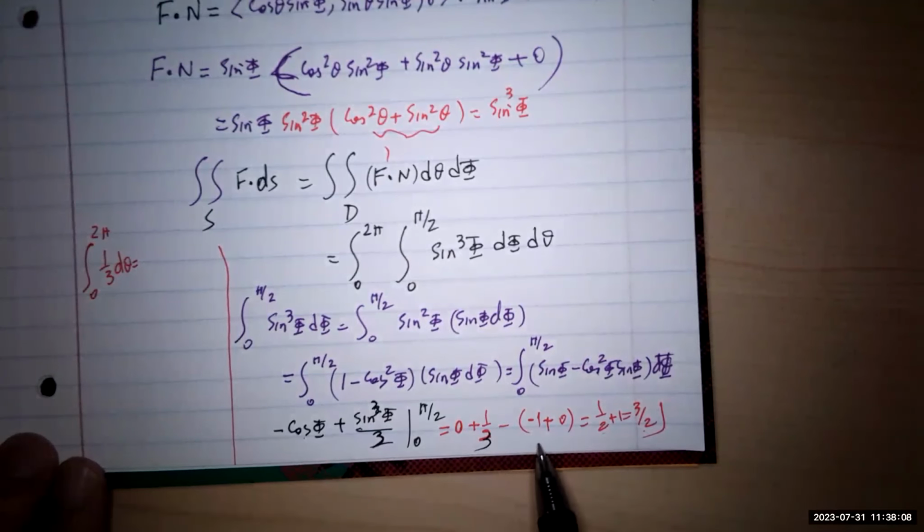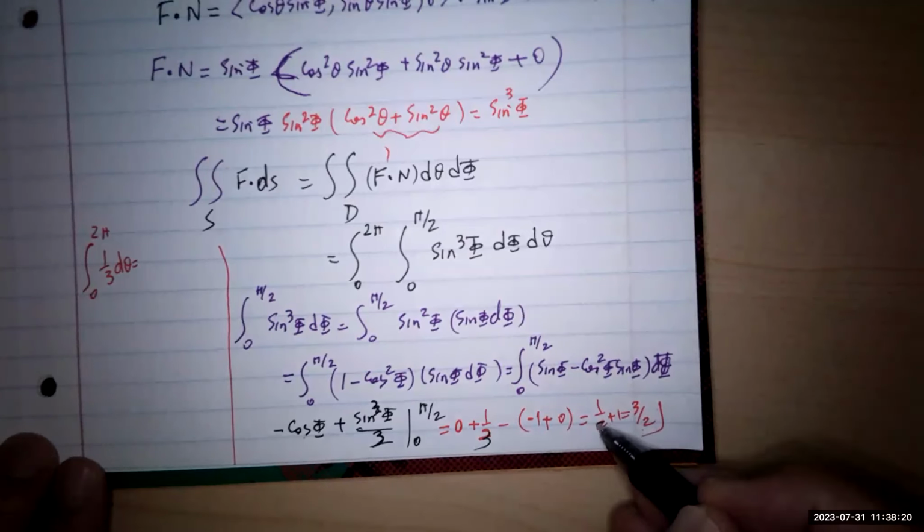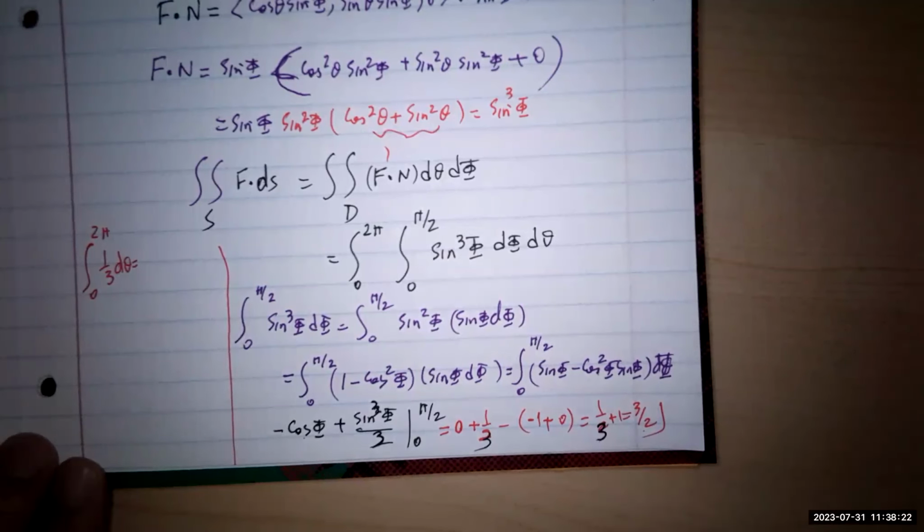That gives you 1/3 minus, if you put the 0, that gives you 0. The answer should be 2/3. Okay, I have to check it again.